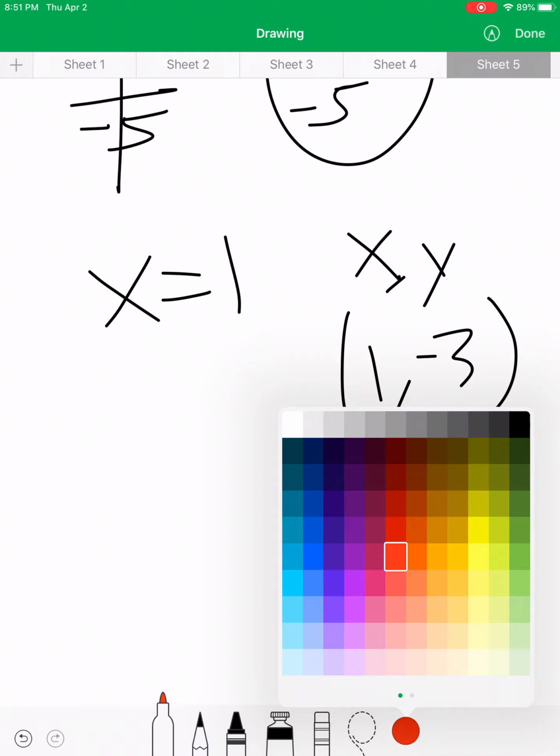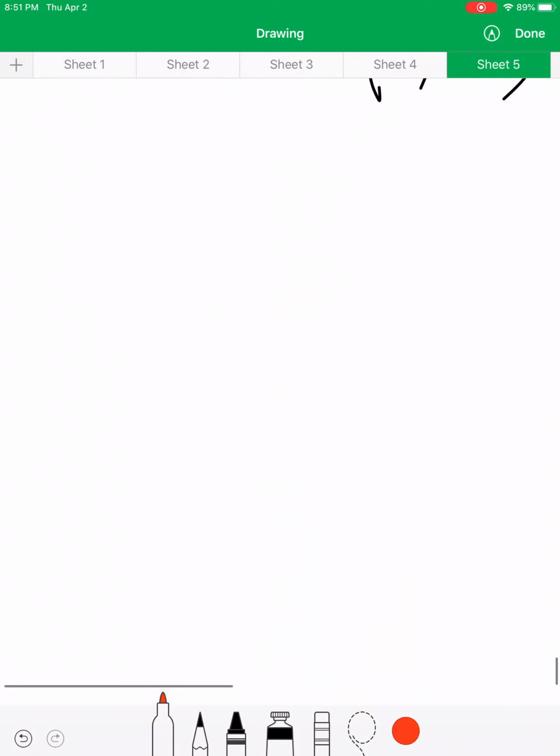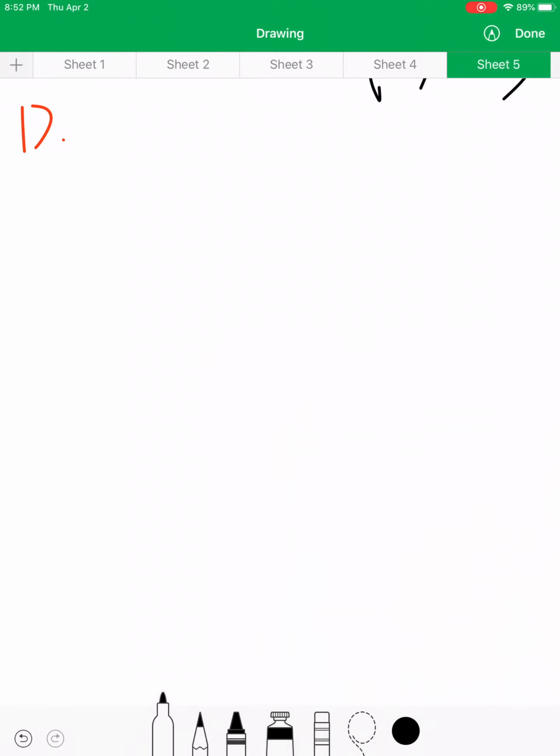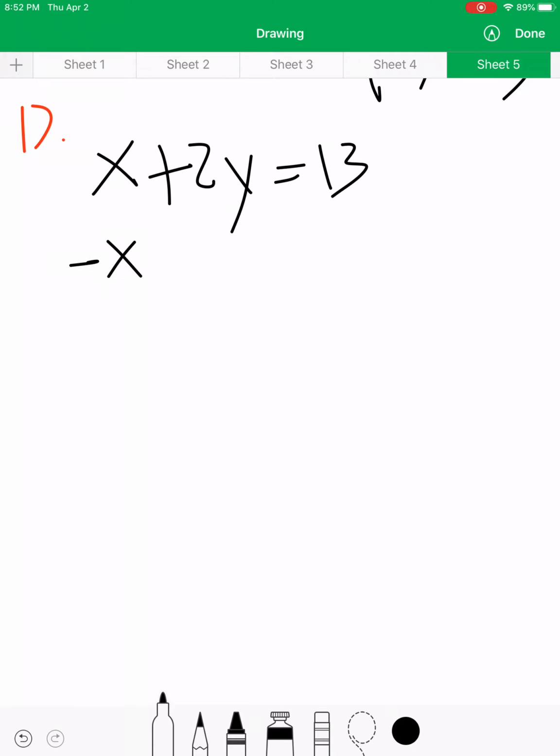All right, number 17 now. It's going to be x plus 2y equals 13 and negative x plus 2y equals 7.